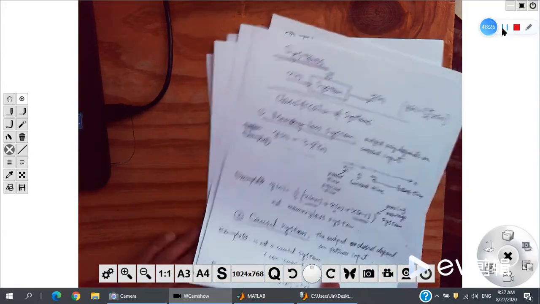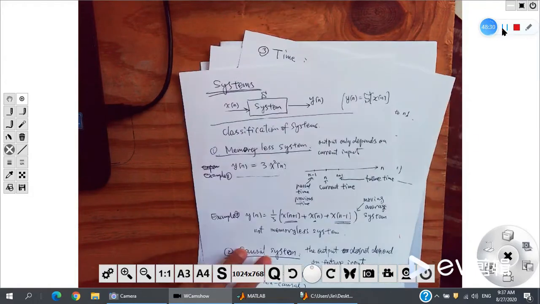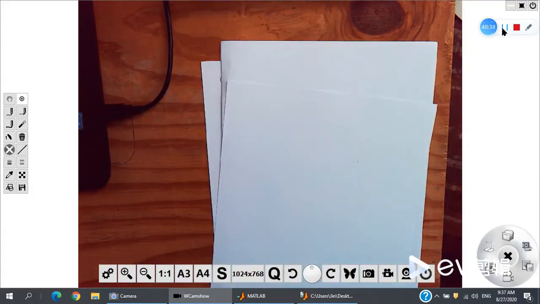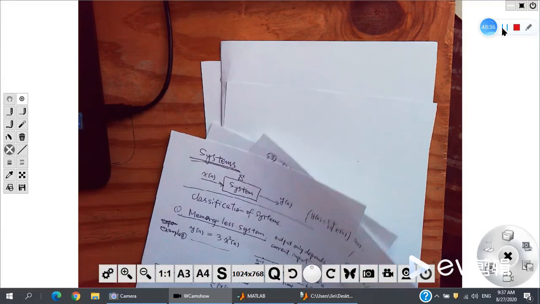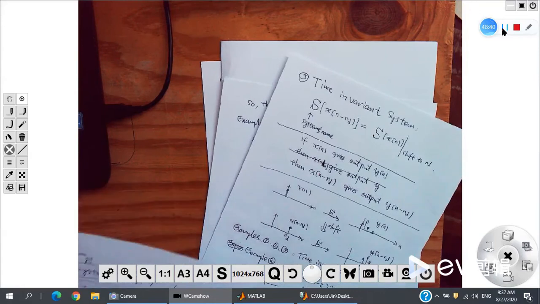We can have one more example. I just write it here. This is example 1, 2, 3, 4. Right? This is example 4. I just gave example 5.